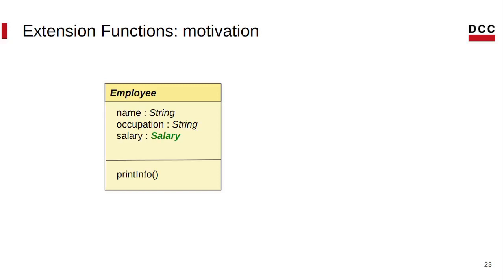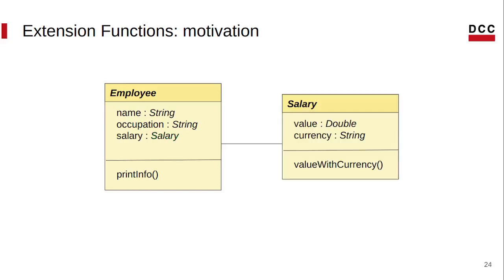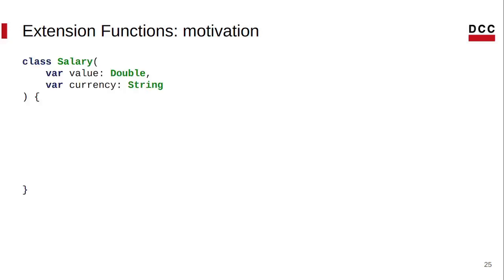Perhaps we can create a new entity called salary. This entity will have a method called value with currency that will be responsible for returning the salary with the correct symbol based on the currency value. And here we have our salary class in Kotlin with the attributes that we saw previously, and the value with currency method.